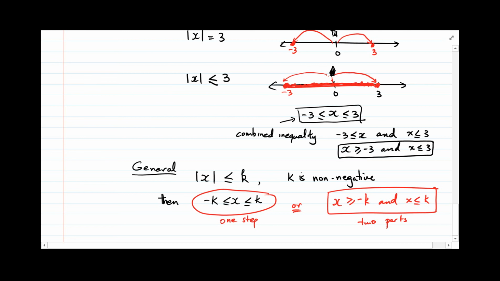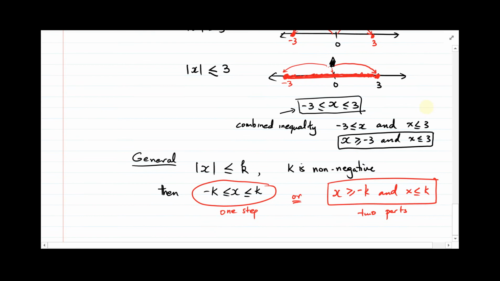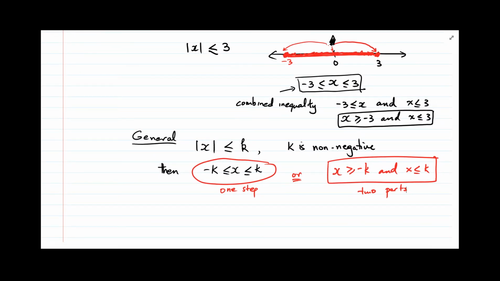All right. Now, two things. Let's go back to this. So here I have the endpoint being equal to 3. Of course, if I had the absolute value of x strictly less than 3, then you would have the same region, but those endpoints would not be included.